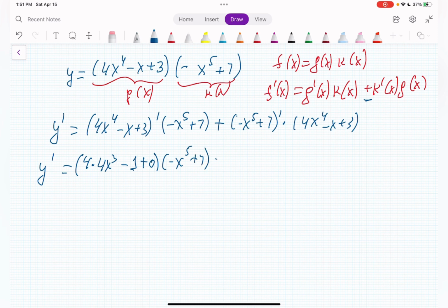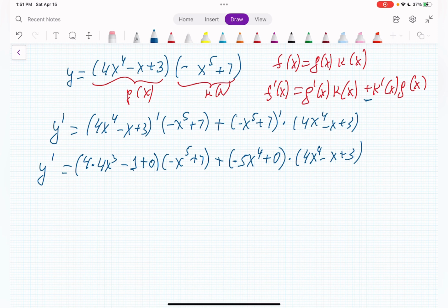Next, plus we take the derivative of negative x to the 5, which is negative, and then 5 comes in front, x to the power 4, 5 minus 1. And the derivative of 7 is 0, times 4x to the 4 minus x plus 3.